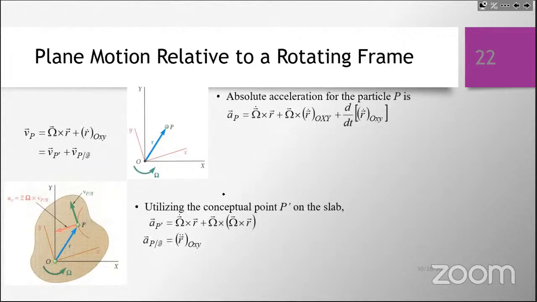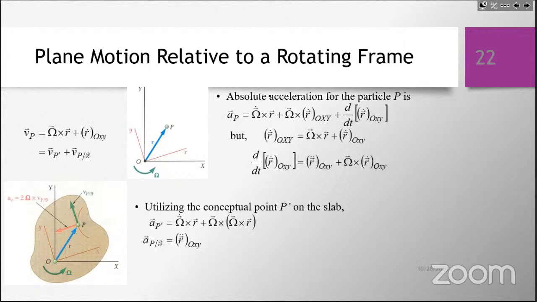Okay. If I wanted the absolute acceleration for a particle, well then, guess what? I just take the time derivative of that velocity equation. And it gets kind of gross, right? We can step through it and make some substitutions. So it turns out that AP prime in this case becomes omega dot cross r plus omega cross omega cross r.